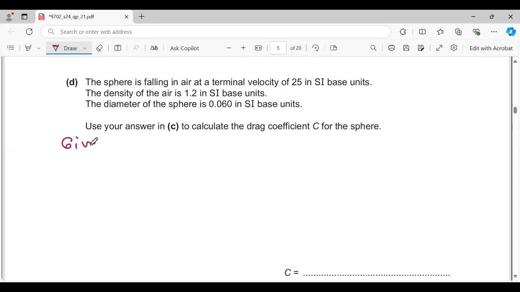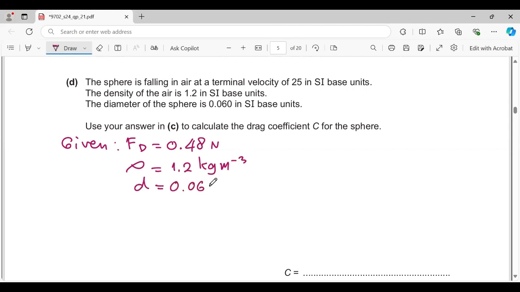Given that F_D equals 0.48 newtons, rho is 1.2 kilogram per meter cube, and D equals 0.060.